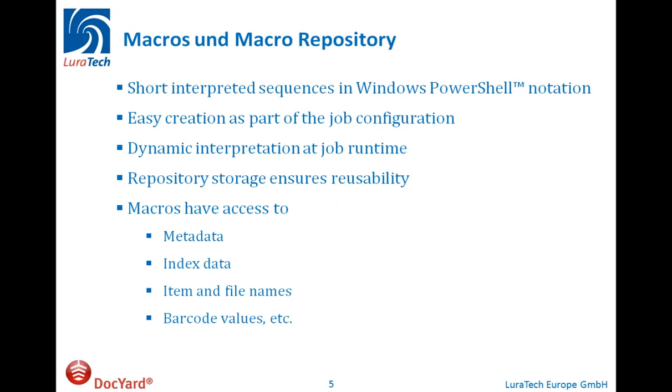It will interpret it during runtime of the job, and macros can have access to all metadata, to index data which are created during processing. You can attach items and file names, and you can use barcode values and do some things triggering around with barcodes and whatever. Okay, next slide, please.